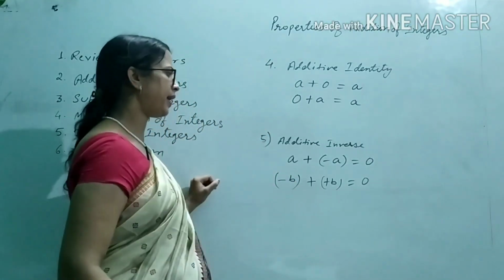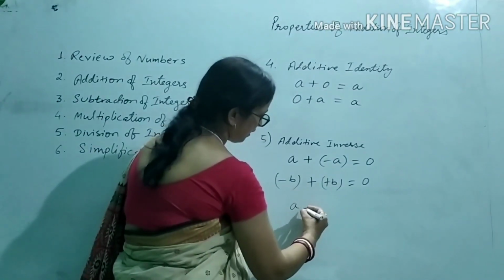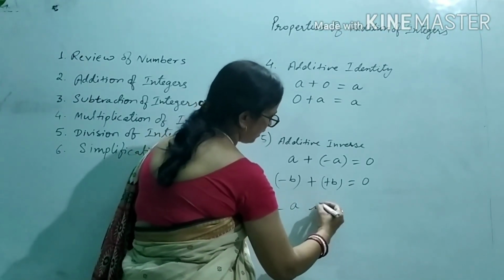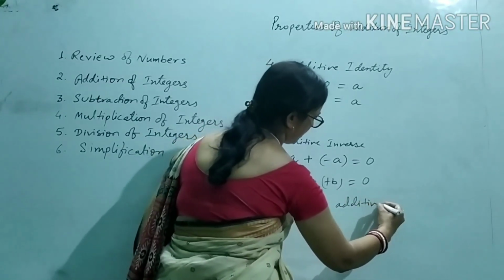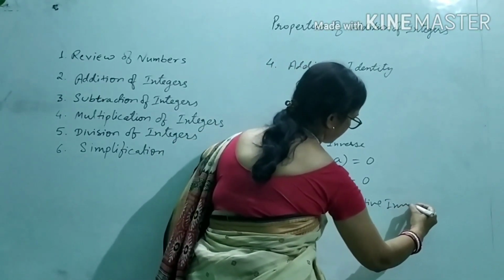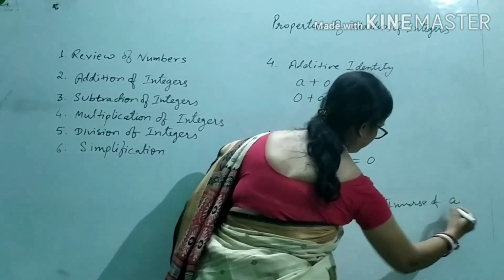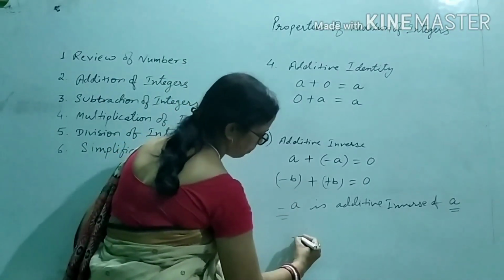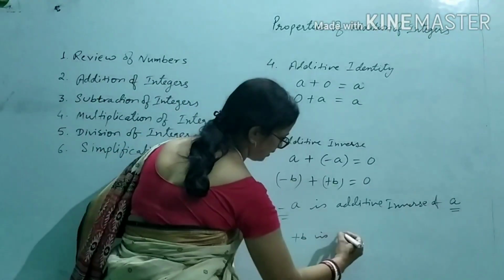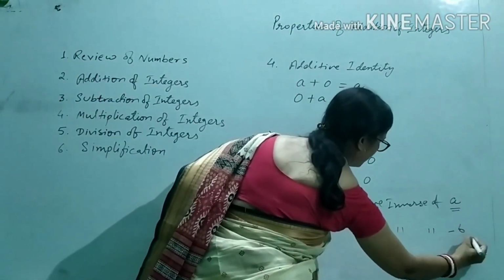Then in this case, we call minus a the additive inverse of a, and in the second case, plus b is the additive inverse of minus b.